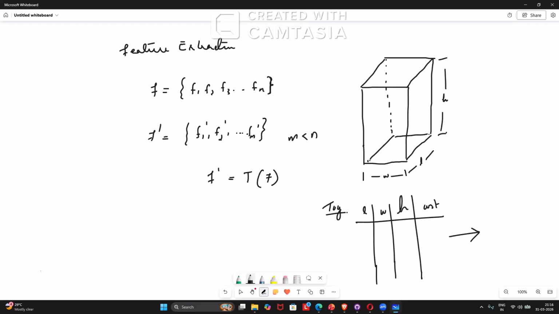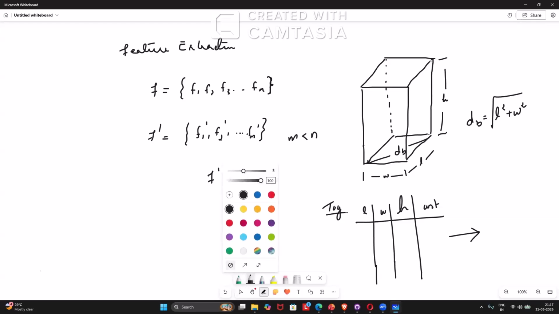Okay. If I consider this DB, the base diagonal, what is that? DB equals root of L square plus W square, right? So if L increases, W increases, DB will also increase, right? So we got the impact of both L and W in DB.